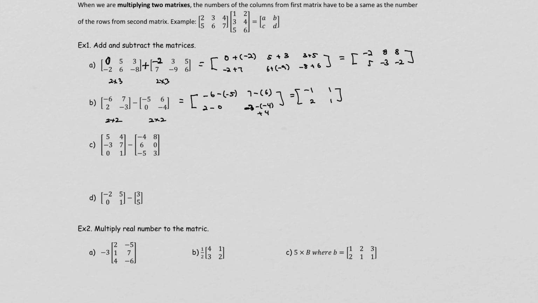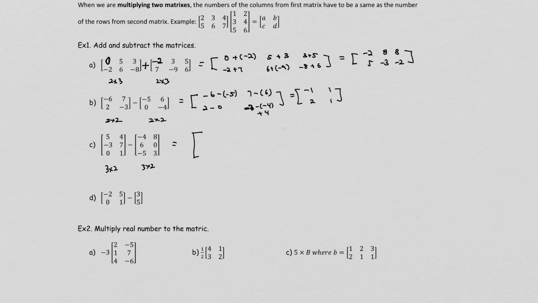What about C? I want you to try C before you watch this video. Okay, hopefully you paused it and tried. So this is a 3 by 2 matrix. This is a 3 by 2 matrix. So you should be able to do subtraction.